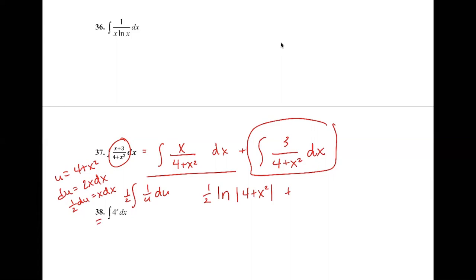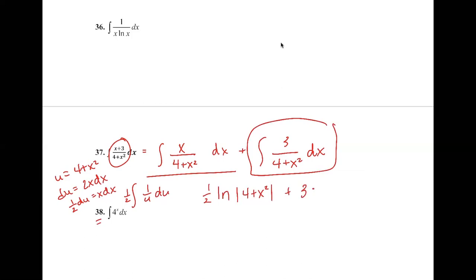So which one of the inverse trig functions would this look like? Is it secant? I don't think this one's secant. Is it sine? It's not sine because sine has a square root on it. Is it arctan? It's arctan. So we're gonna have 3, but then it's times 1 over a.